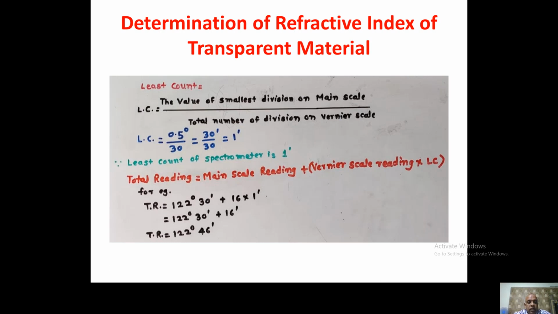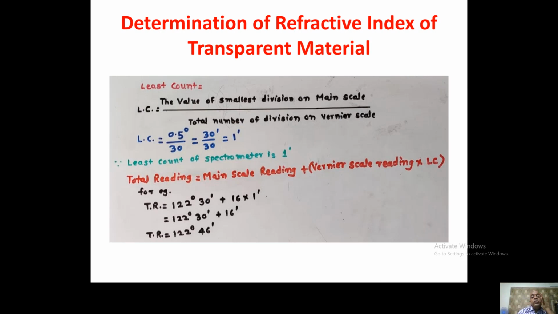Now see here, the physical interpretation of least count is how small a value can be measured with the help of that instrument. Here our instrument is a spectrometer.